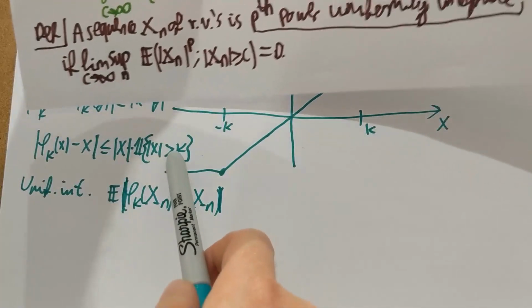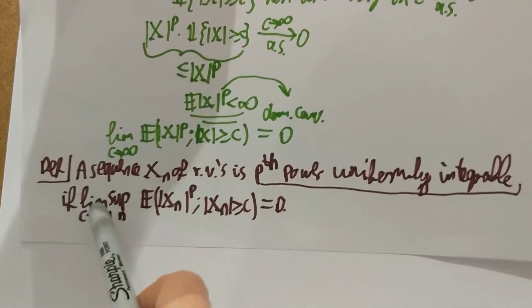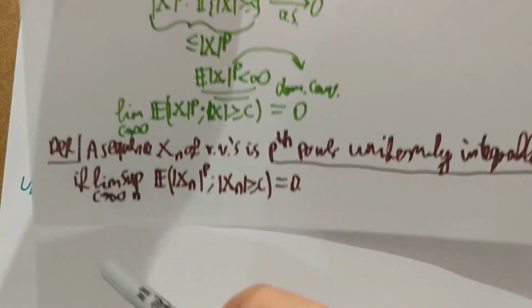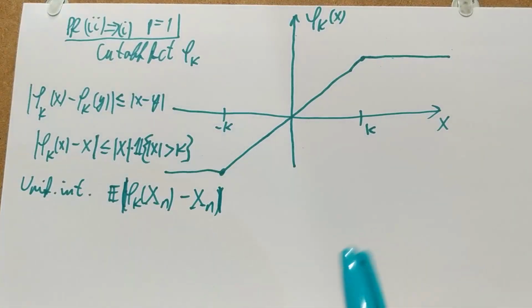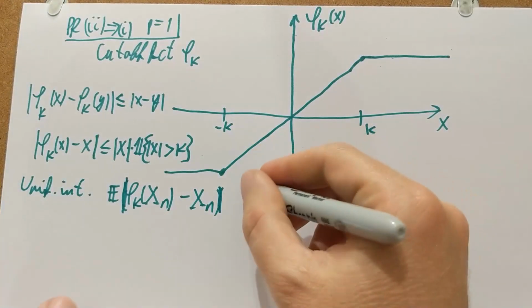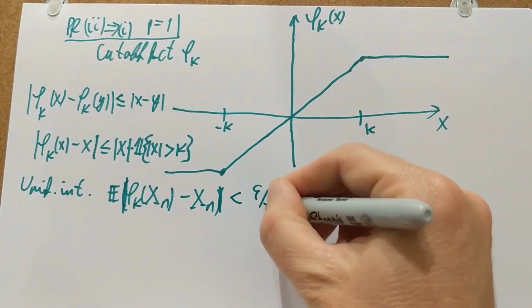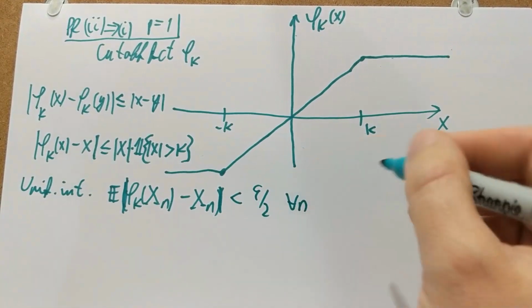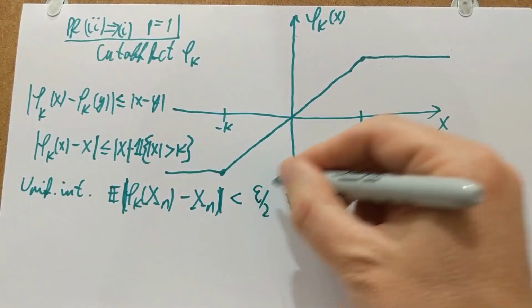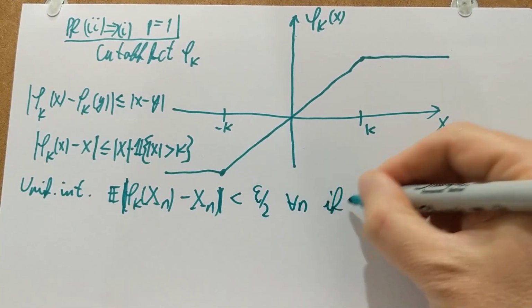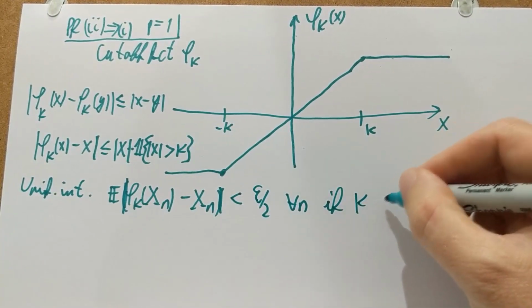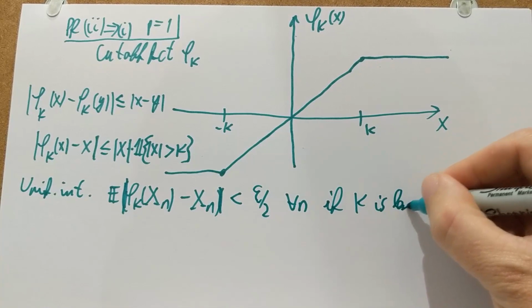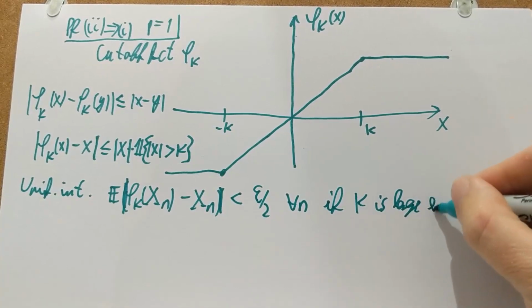So I'm using k here rather than c. So this will go to 0 even if I take a supremum. In other words, if I want this to be smaller than epsilon over 3 for every n, even taking a supremum, it can work if I pick k to be large enough, which I'm going to do.